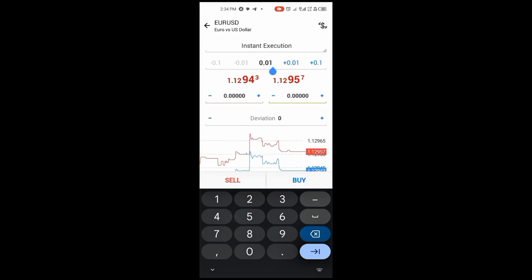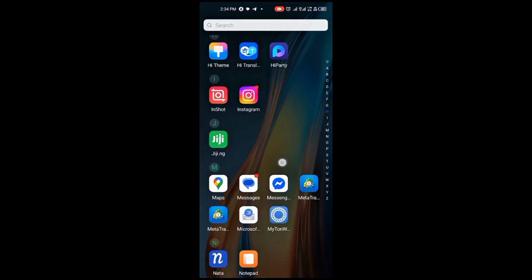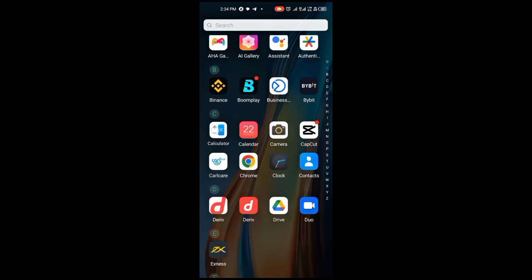Now it depends on the amount of money you have in your account. I told you, for instance, let's say you have $100, you are trading with at least $100. What you do, you simply go to your calculator and divide capital by 5,000.